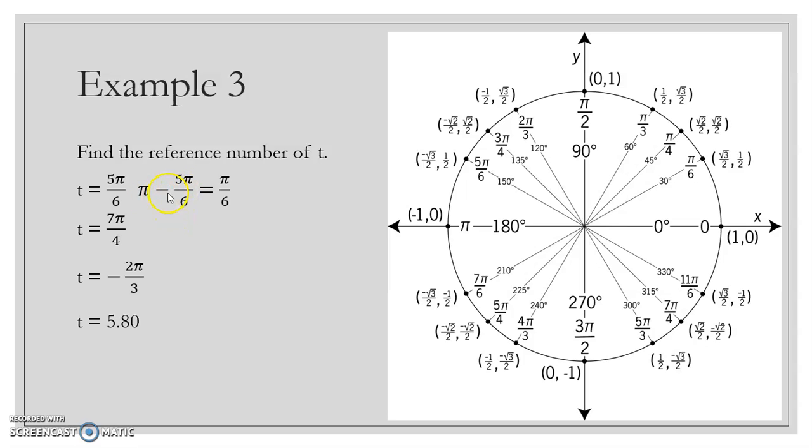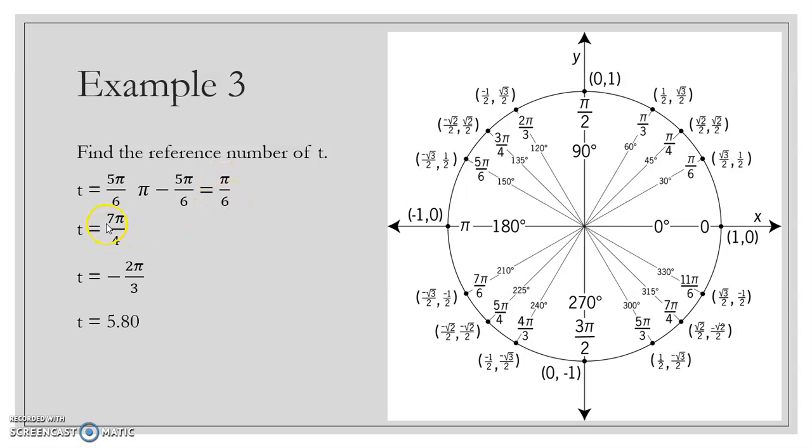So when I did pi minus 5 pi over 6, common denominators would be 6 pi over 6. 6 minus 5 is 1 pi over 6. Okay, and this is why I said at the very beginning of the year that knowing your fractions was really important because there's a lot of fraction work in this chapter. My final answer here is pi over 6.